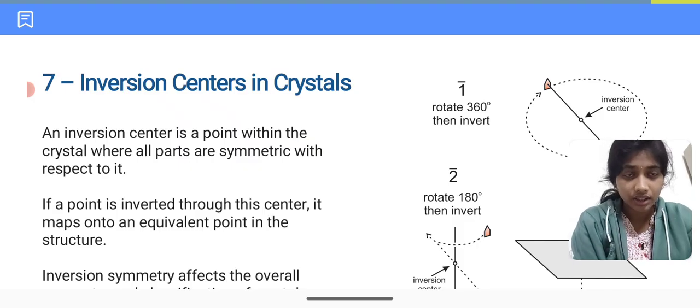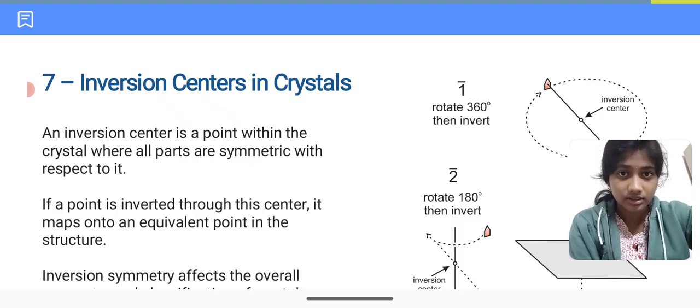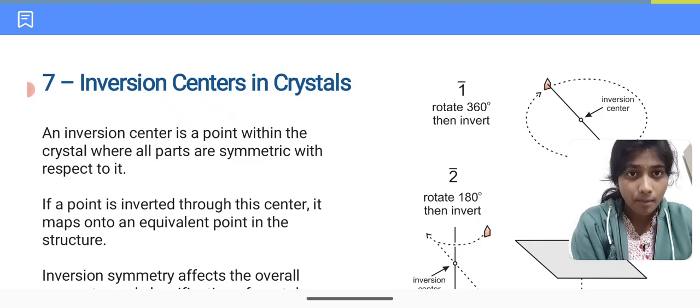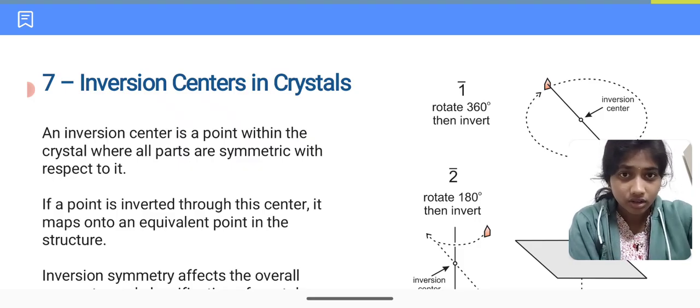Inversion center in crystals. An inversion center is a point within the crystal with respect to which all parts are symmetric.